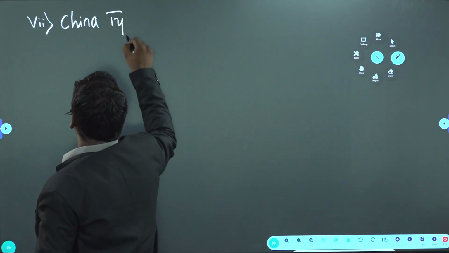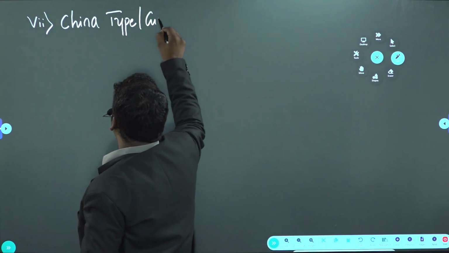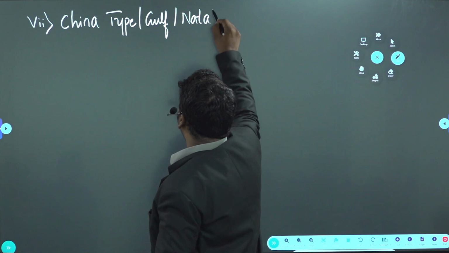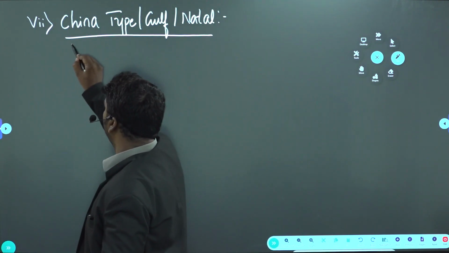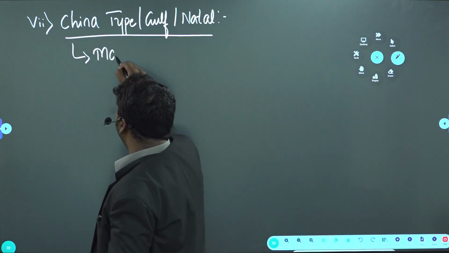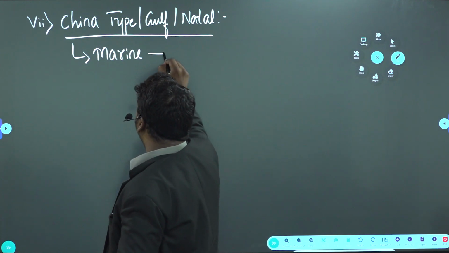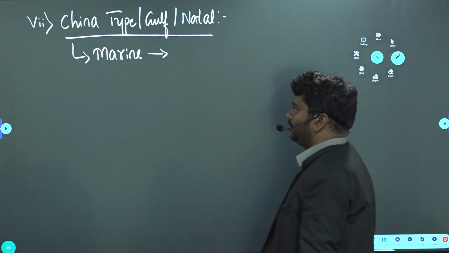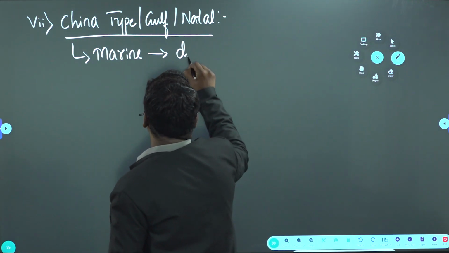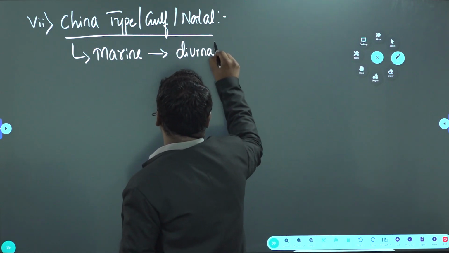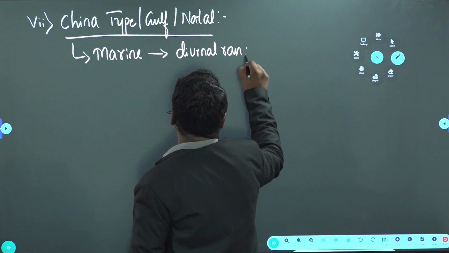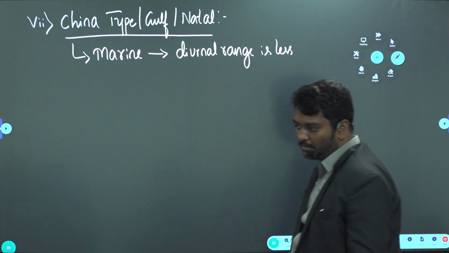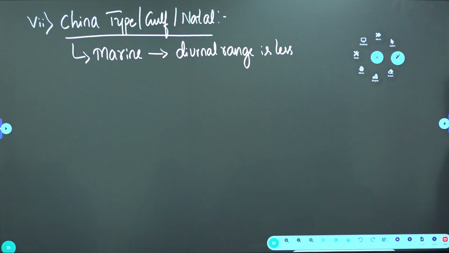China type, Gulf type or Natal type. It is marine climate. If it is marine climate, diurnal range is less.